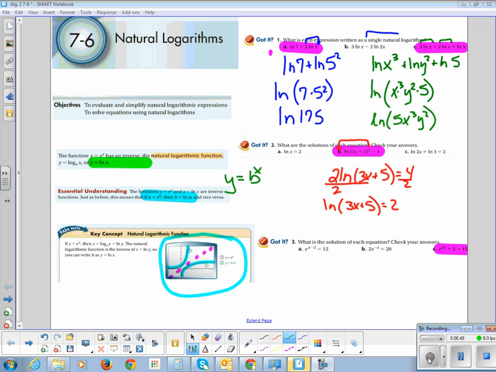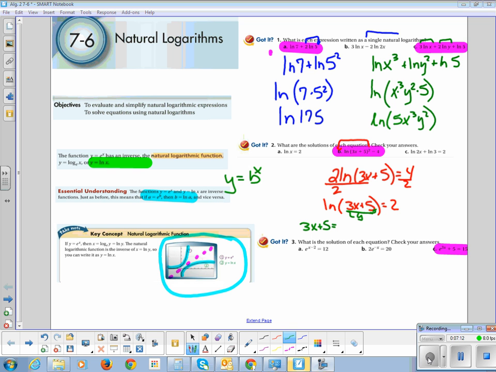So what is my y value here? It's 3x plus 5. My base, what's our base, guys? It's different.